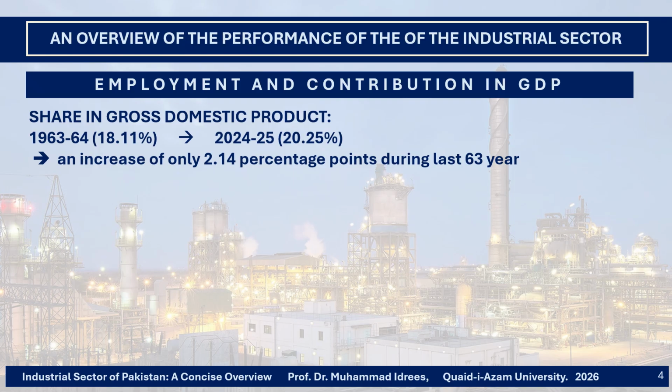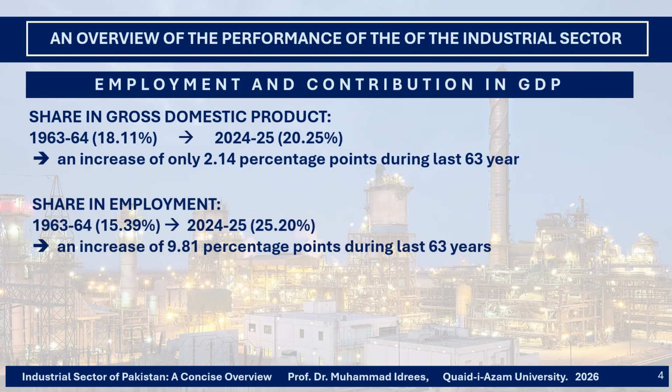So this indicates that though the contribution of the industrial sector in GDP has increased over time, the rate is very slow. It has increased just 2.14 percentage points in the last 63 years. Now let's look at the share of this sector in employment.